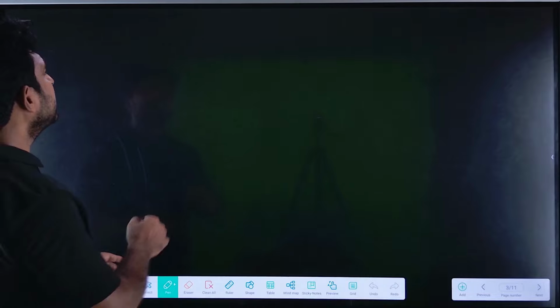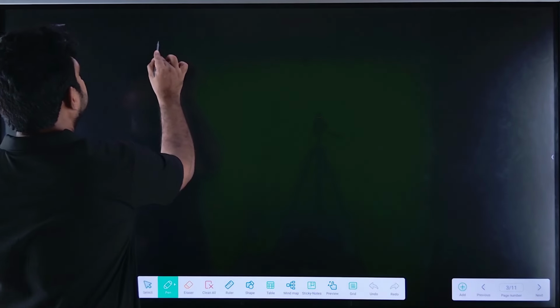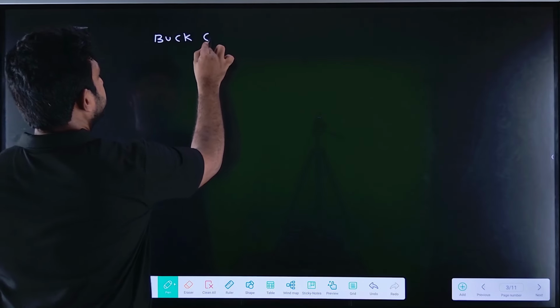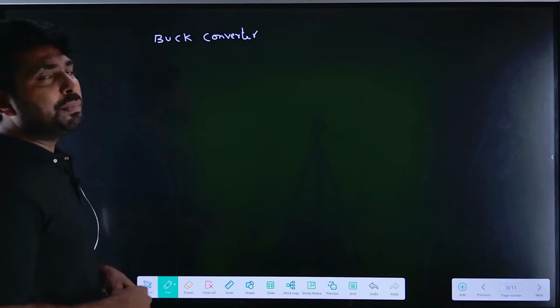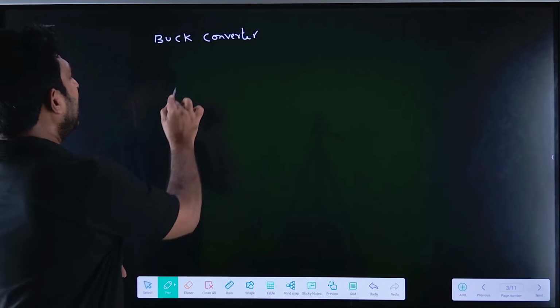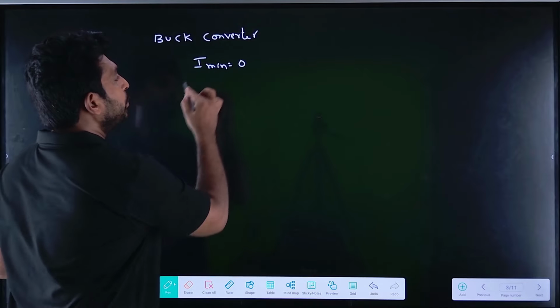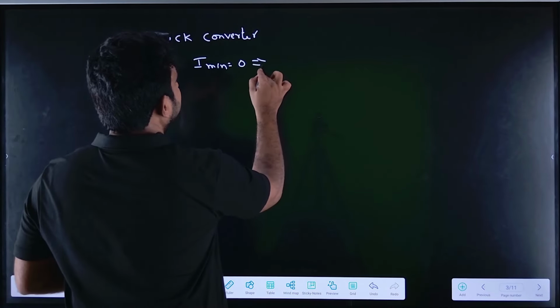So what is the condition here in case of critical conduction mode? Let me take the buck converter here. I minimum should be equal to 0 to operate in the boundary conduction mode.